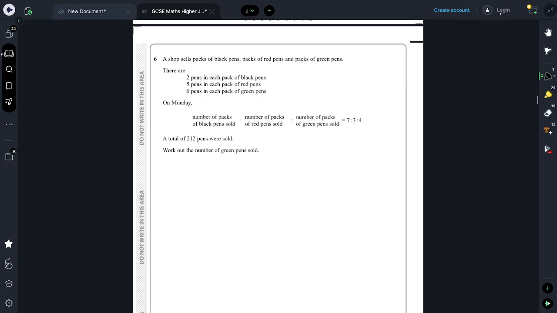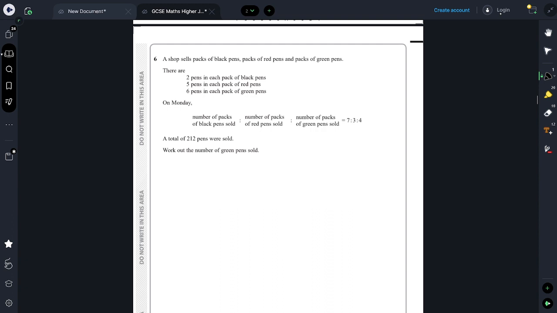Again, a ratios question. Again, very, very similar. It's the same sort of topic, the same sort of working as the last paper we did. The shop sells packs of black pens, packs of red pens, and green pens.